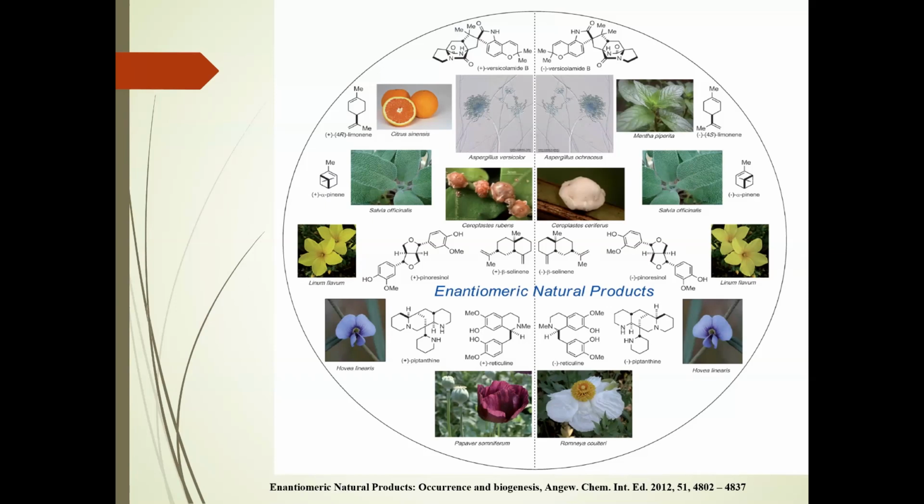And you see R-limonene is made by citrus plants, while S-limonene is made by Mentha. On the bottom, you can see reticuline, which is a narcotic alkaloid. Papaver somniferum produces the positive reticuline enantiomer, while the other plant produces the minus enantiomer.